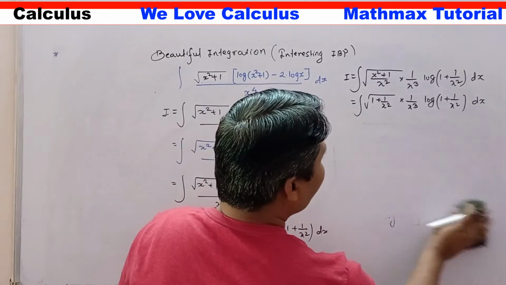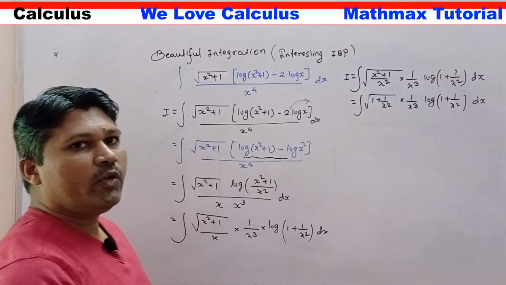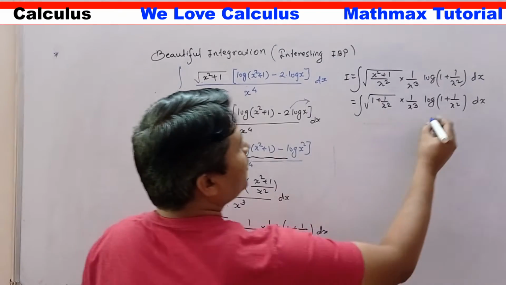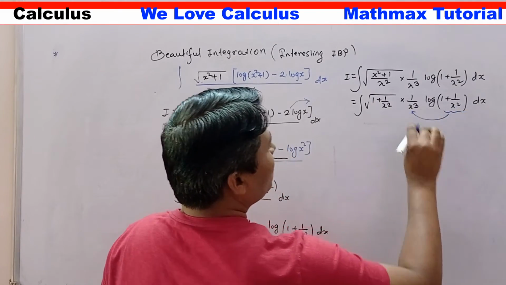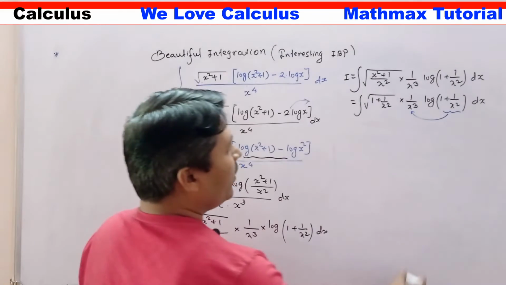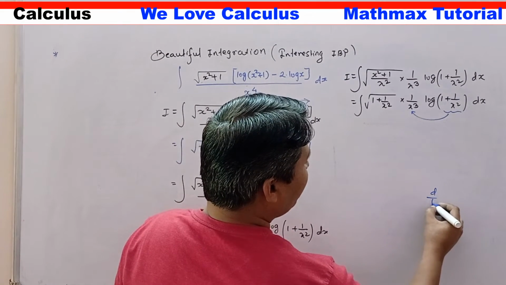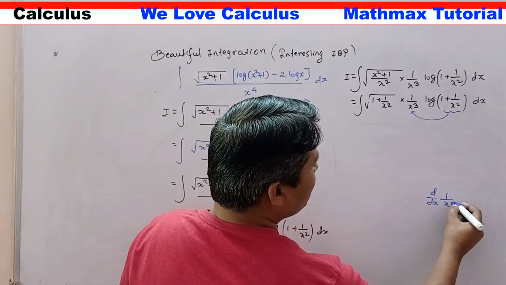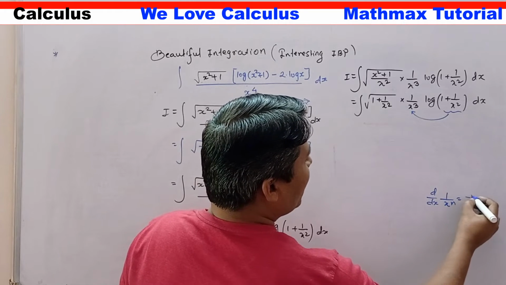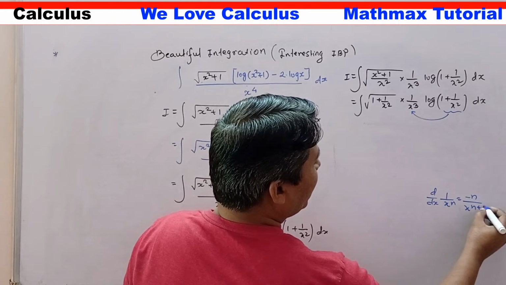Now we observe that the derivative of this function is present as 1 upon x cube. We know that the derivative of 1 upon x raised to n is minus n upon x raised to n plus 1.